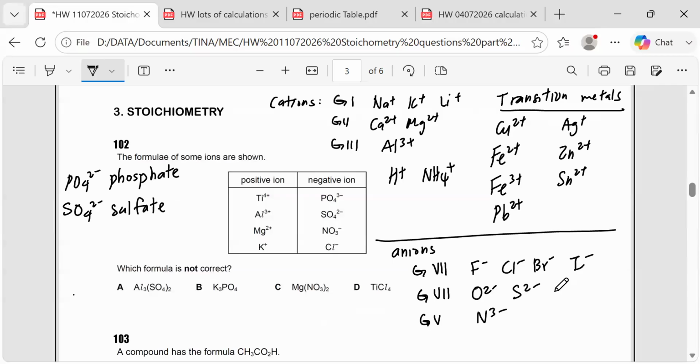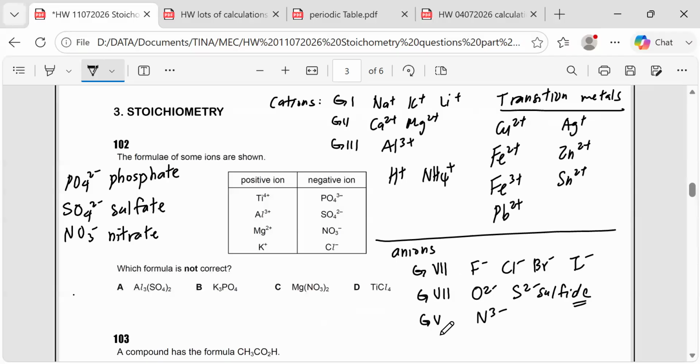This is sulfide. Don't confuse ide and ate. NO3 negative is nitrate. Of course, they are so nice, they give you this. Usually, they won't give you this. You're supposed to deduce the formulas yourself. You're supposed to figure it out yourself.